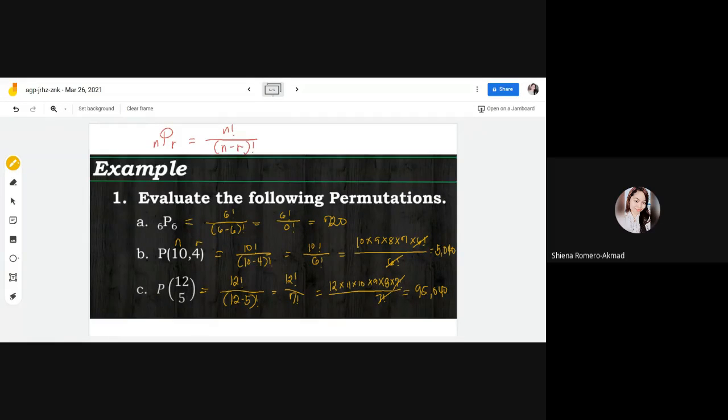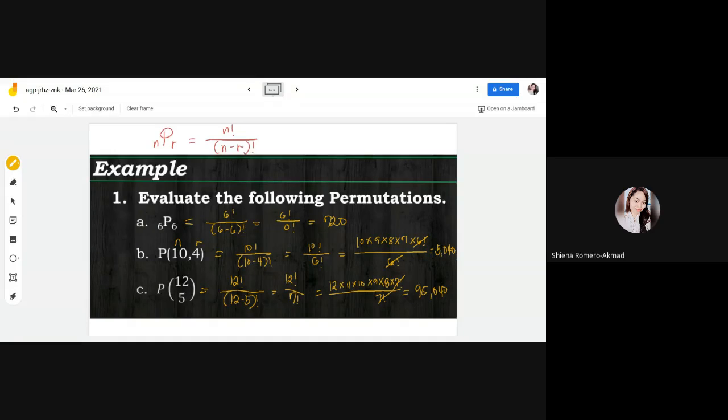So what about if you're given this example and we have to solve for the unknown variable?